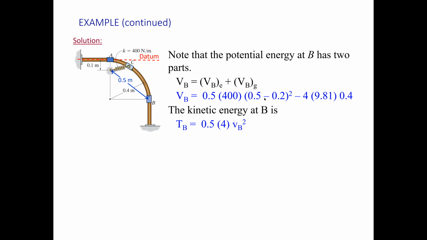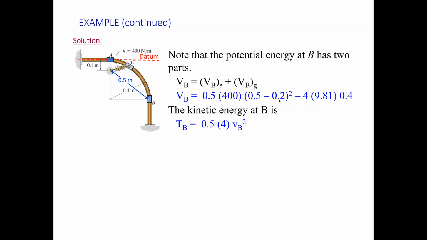Okay, the other one is the spring. So one of the things we need to figure out here is that this is 0.3, this is 0.4, this side, and then this is a 3, 4, 5 triangle. So then this becomes 0.5. So it's two positions. First, in its unstretched form, it's 0.2.